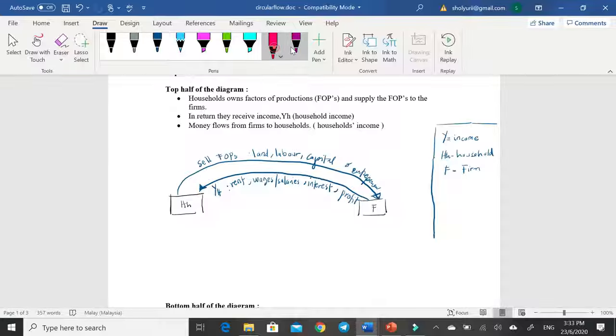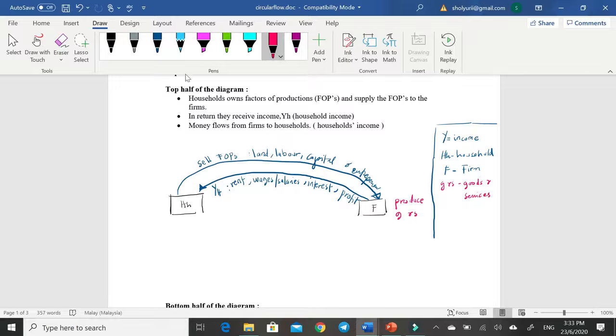Next is, firm akan buat apa after they have bought the land, labor, capital, entrepreneur? They will produce the goods and services. So here G and S means goods and services, right?